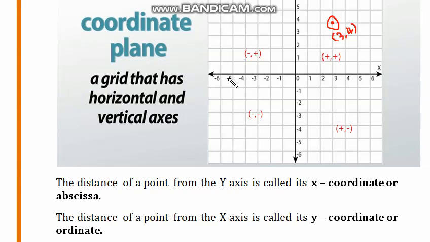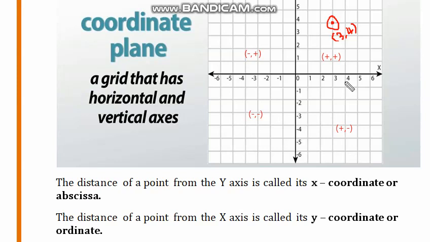In the second quadrant, x is negative and y is positive. So the second quadrant is minus comma plus, and this is the third quadrant. In the third quadrant, x is negative and y is also negative. So the coordinates are minus comma minus.